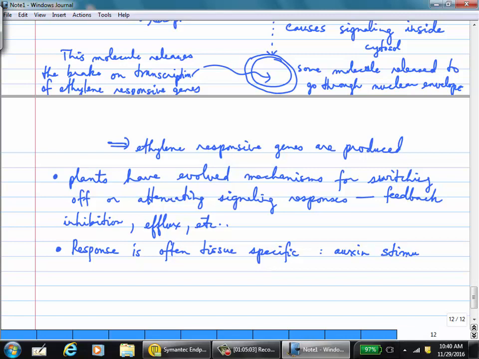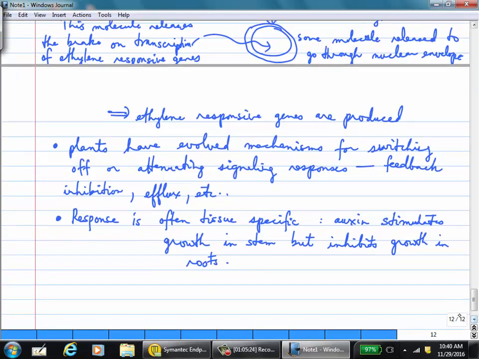So auxin stimulates growth in stem, but inhibits growth in roots.